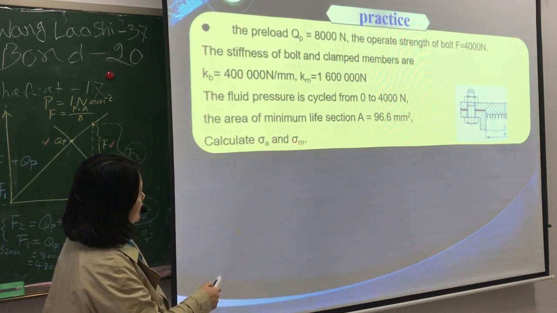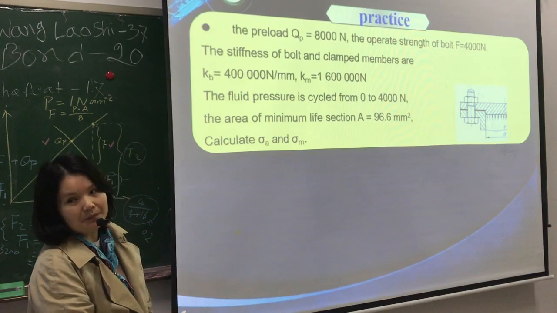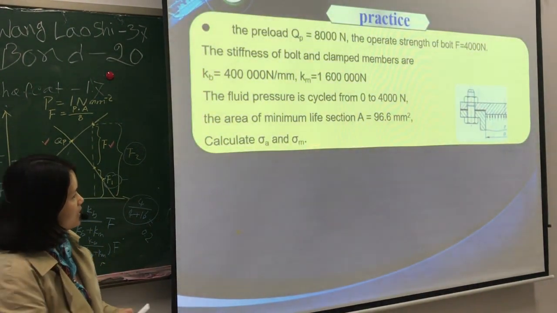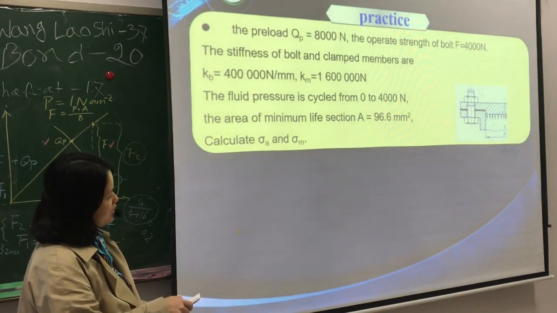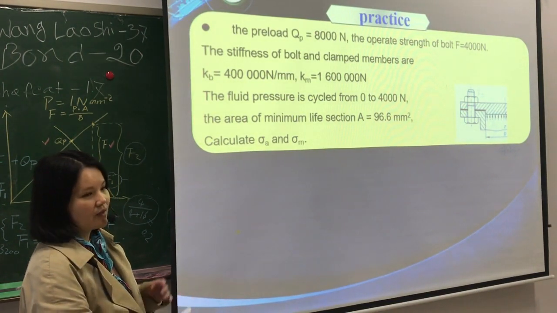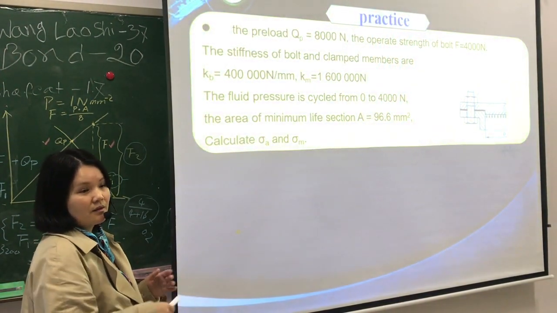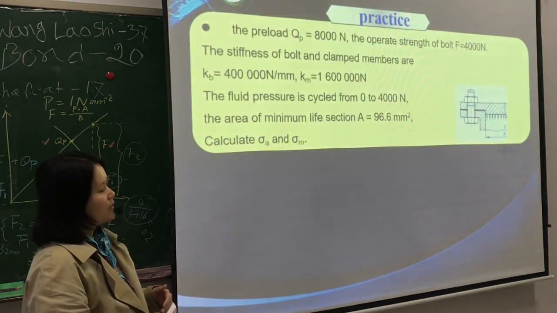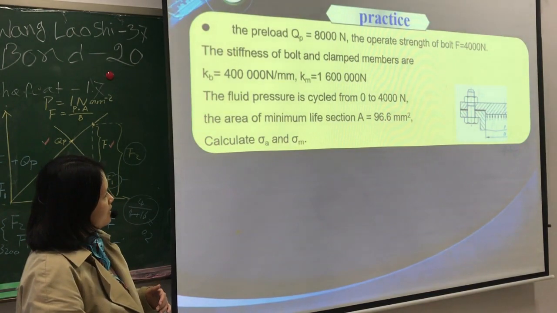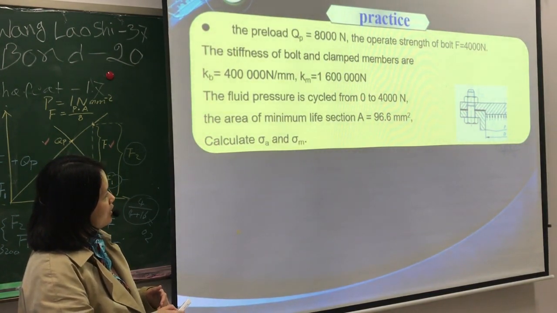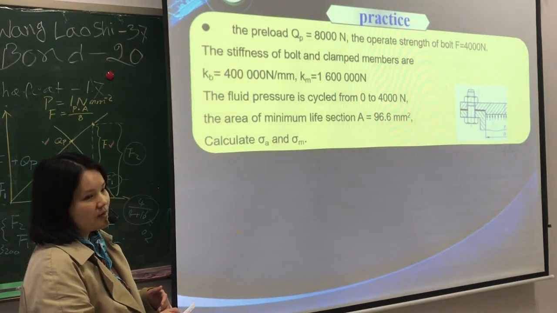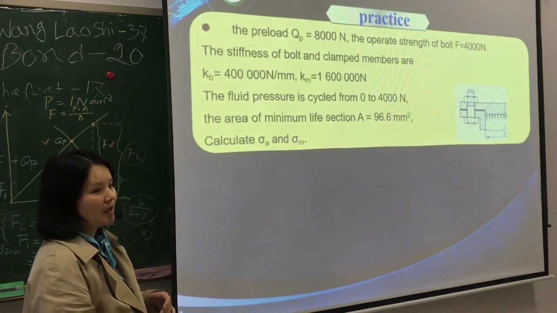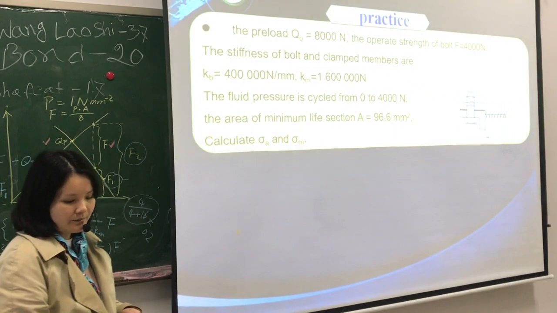Calculate sigma A and sigma M. This is the condition where the bolt is subject to preload and fluctuating stress, and the fluctuating stress varies from 0 to 4,000. Okay, calculate sigma A and sigma M.